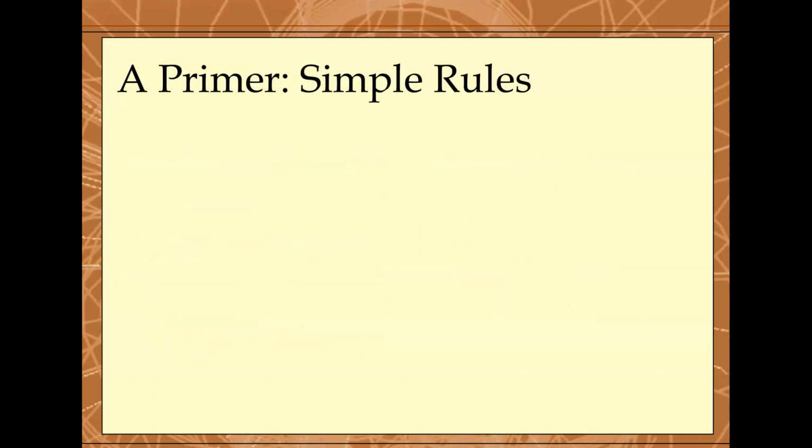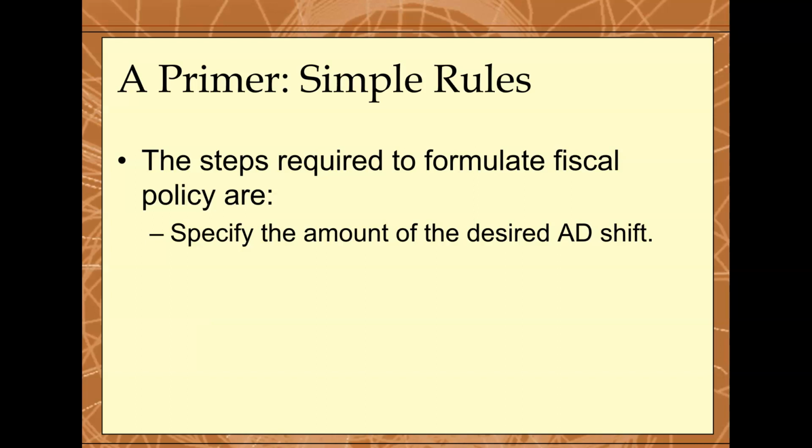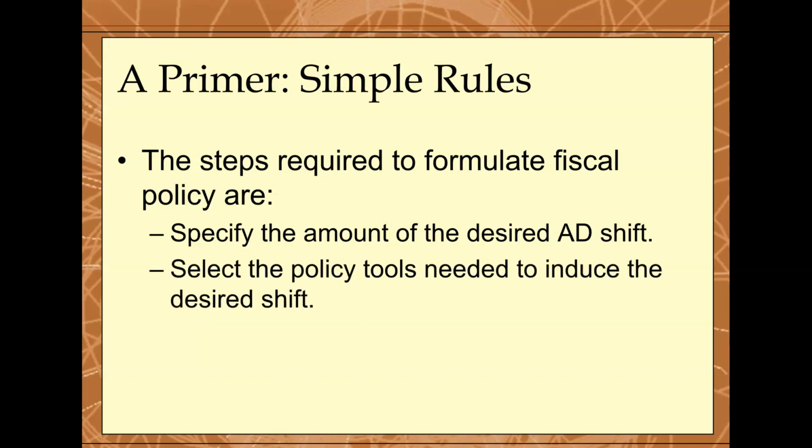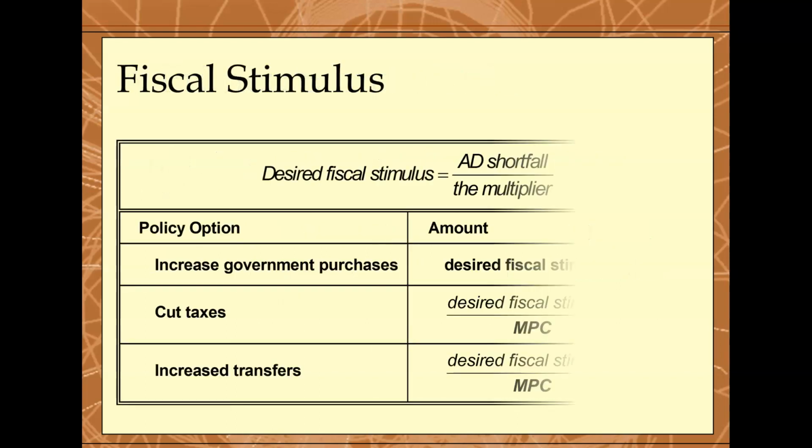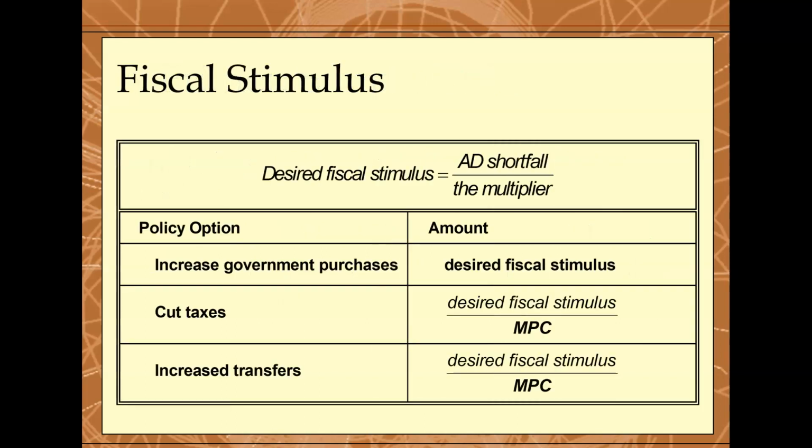So when it comes to stimulating the economy, we have 3 simple rules. 1, specify the amount of the shift you want in aggregate demand. 2, select a policy tool needed to induce that demand, a tax cut or spending increase. Actually, there are 2 steps, not 3. So here we have desired fiscal stimulus.